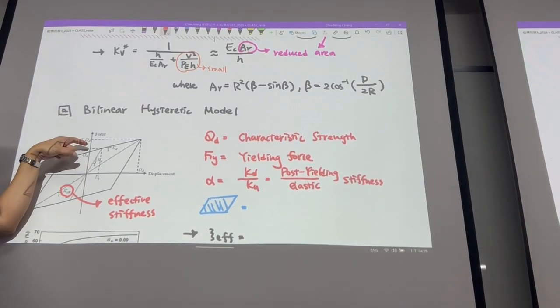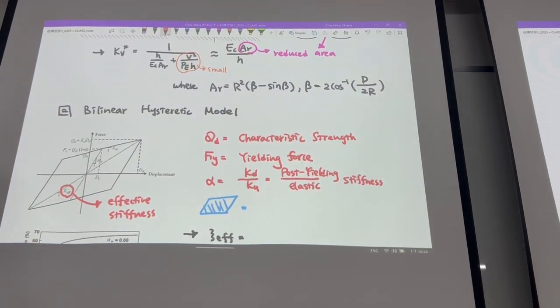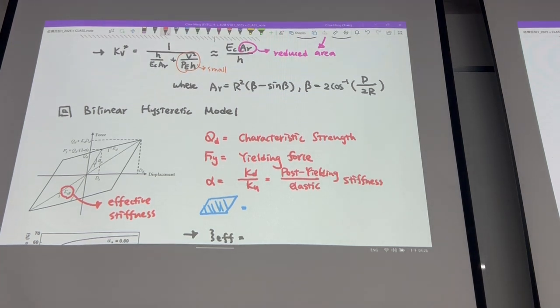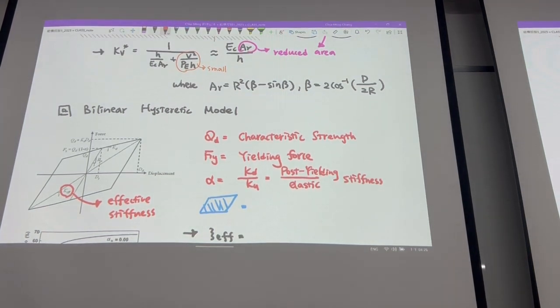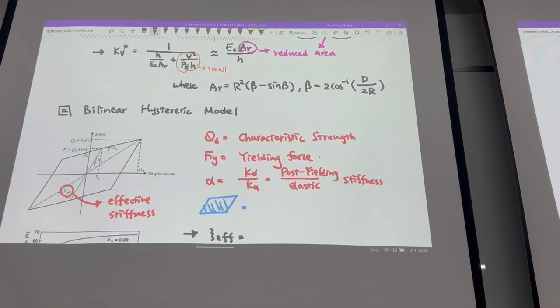Okay? And the yielding force is almost coming from the lead. Remember this one mostly.